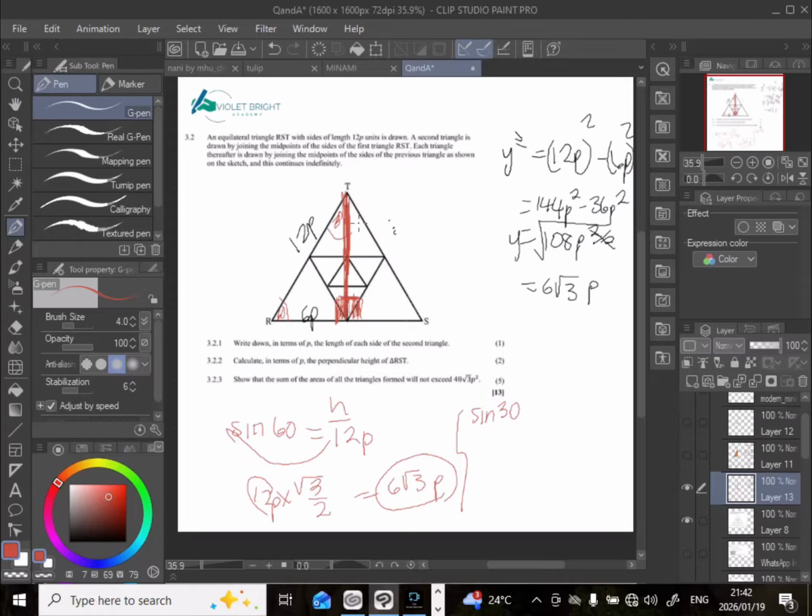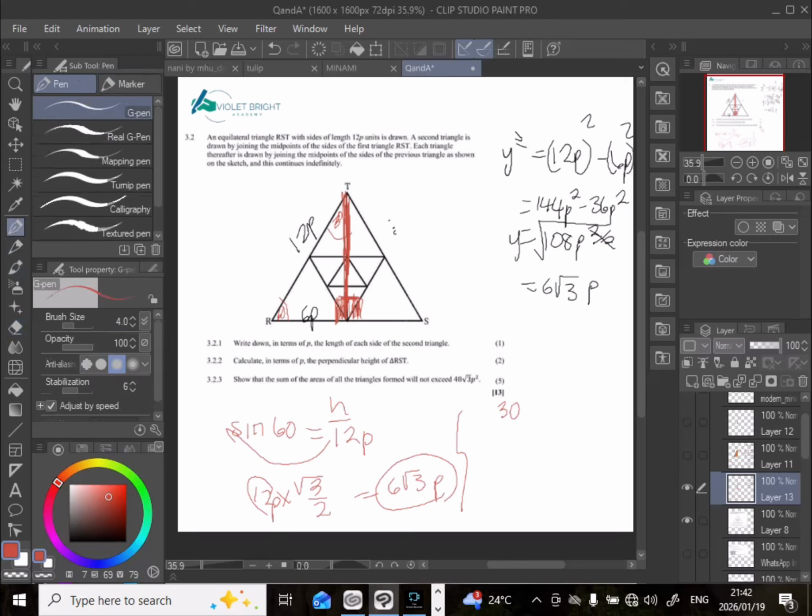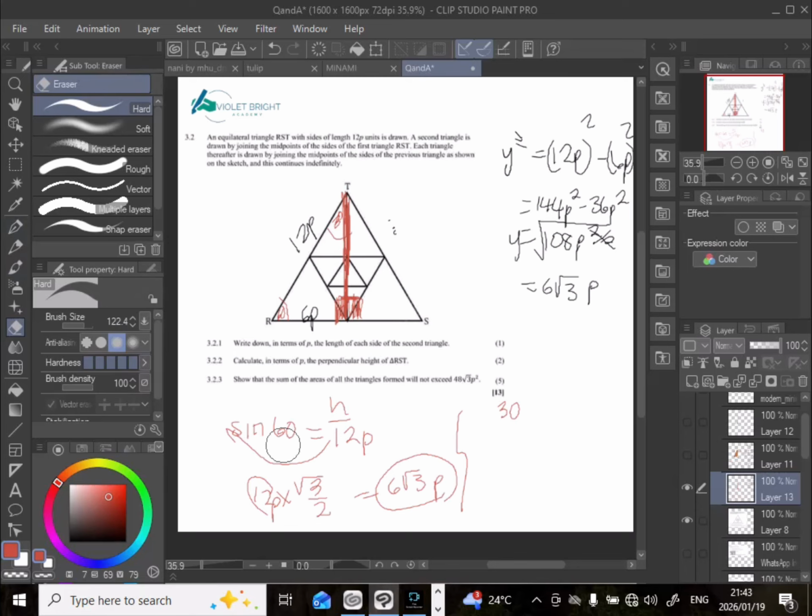So now here this will be the adjacent side, so it's cos 30, and we know that cos 30 equals sine 60 basically, hence why it's just the same. So now let's continue without any further ado.